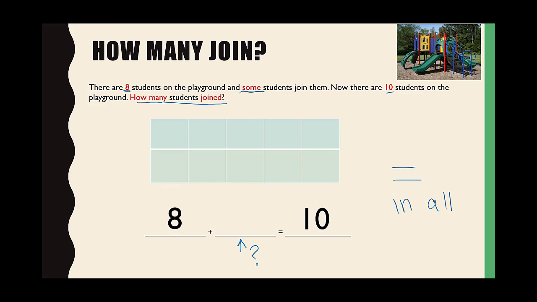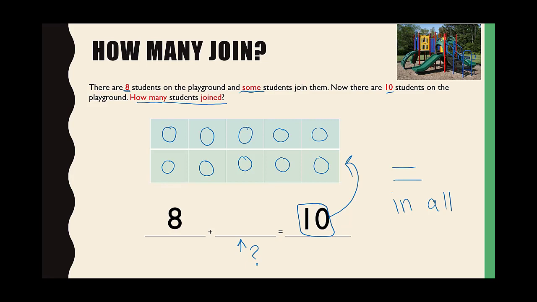So just like the last problem, we're going to take this number 10 and we're going to draw it in our 10 frame. So we're going to draw 10 circles. 1, 2, 3, 4, 5, 6, 7, 8, 9, 10.